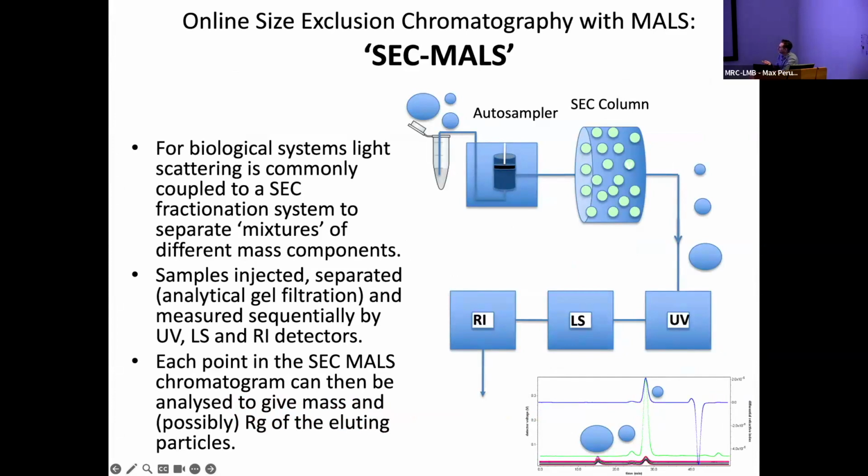With one injection, depending on the column you use, it takes between 45 and 60 minutes. If you use a smaller column, it takes 8 minutes per run, so you can get through the samples quite quickly.